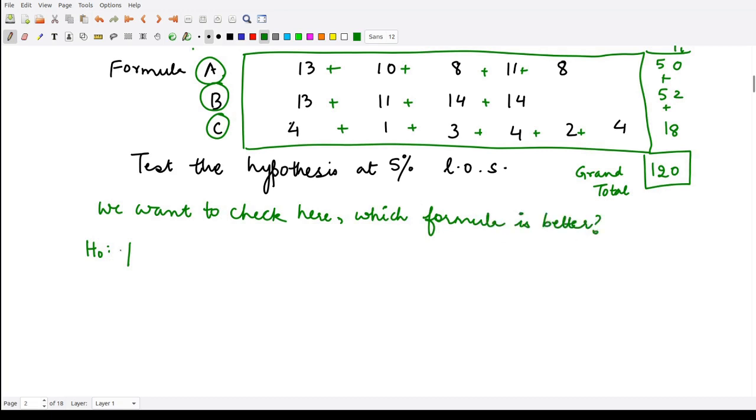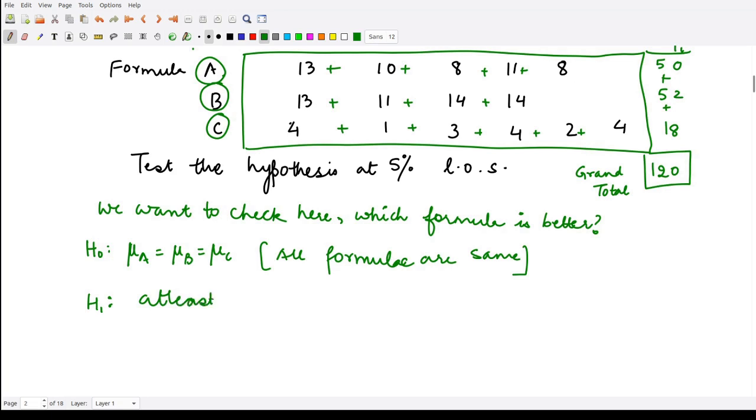So for that, we assume the null hypothesis as mu A equal to mu B equal to mu C, that means all formulas are same. And so our alternative hypothesis in this case would be that at least one of the sample means is different.